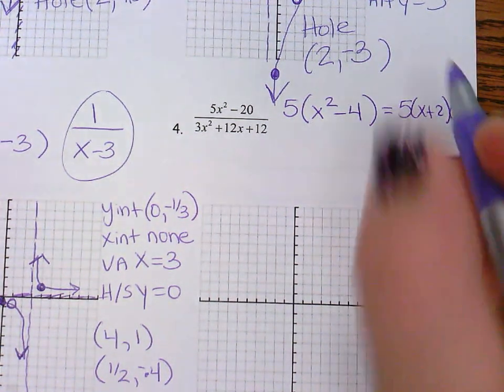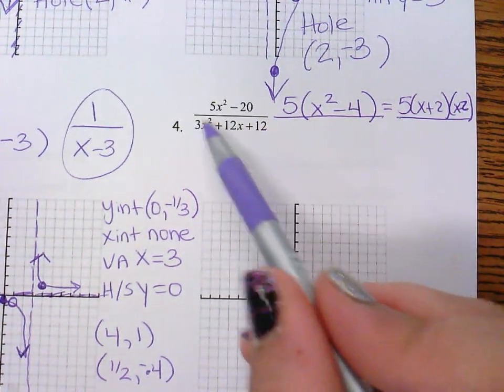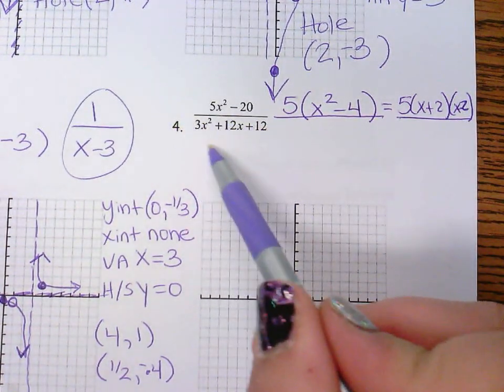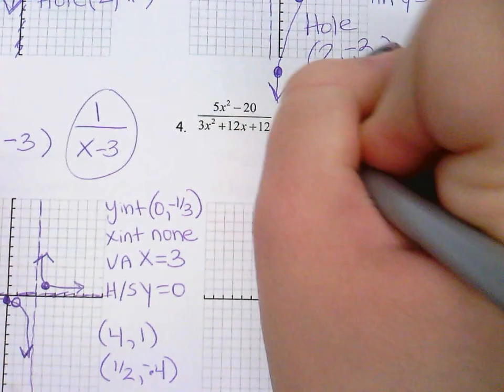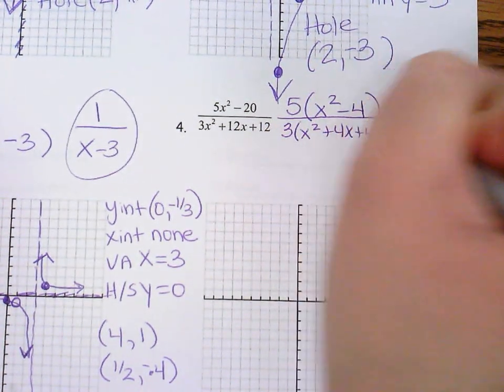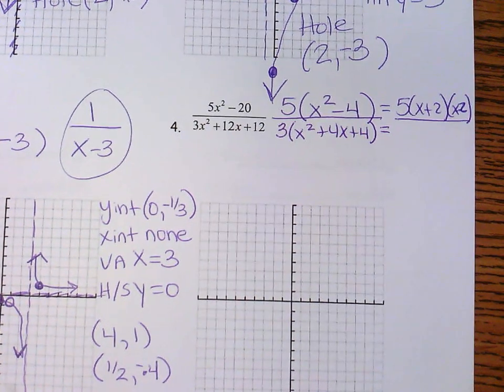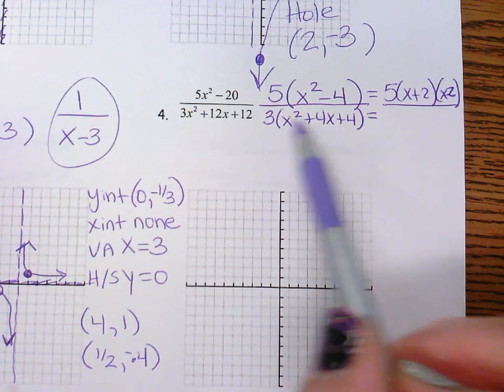So now my denominator kind of also has 2 steps. What could I factor out first as a greatest common factor? Can I take out a 3? I'd have x squared plus 4x plus 4 left, which is a little bit easier to factor. What does that trinomial factor into?